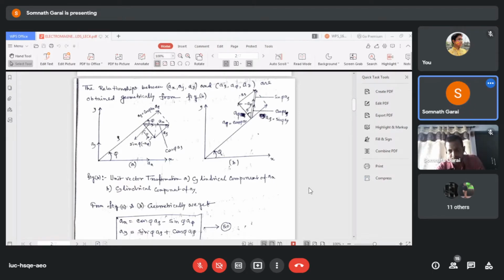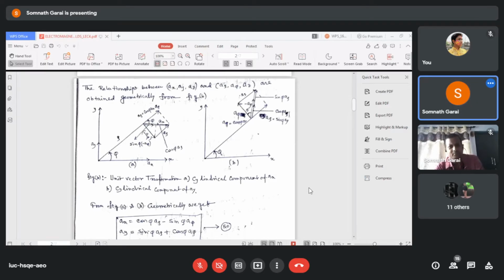Now this a phi constitutes an angle phi with the vector ay. So according to the ay direction, the component of the a phi vector will be cos phi a phi, right?